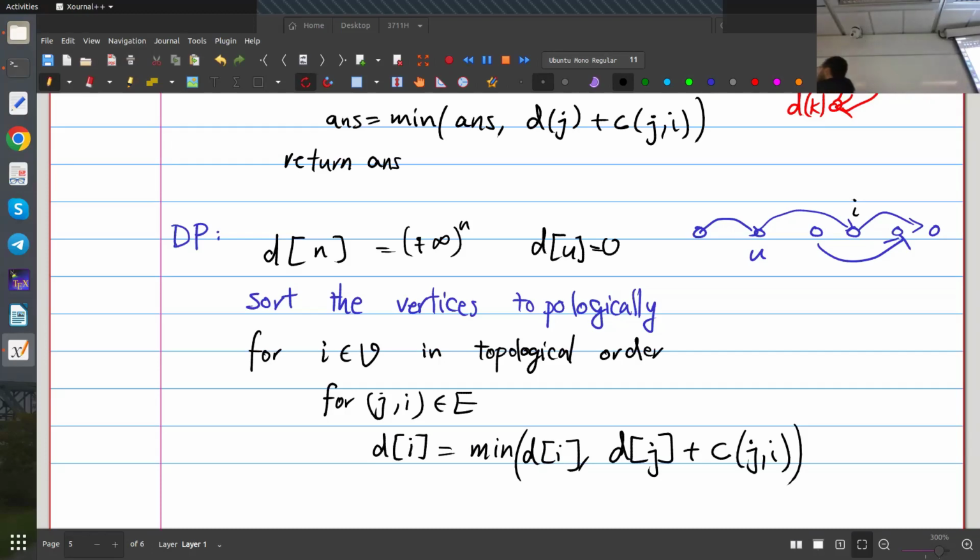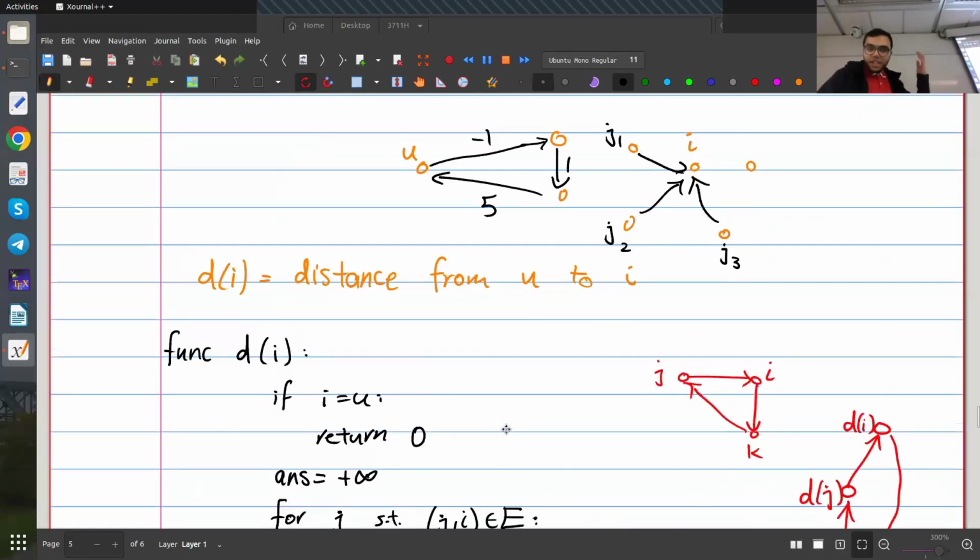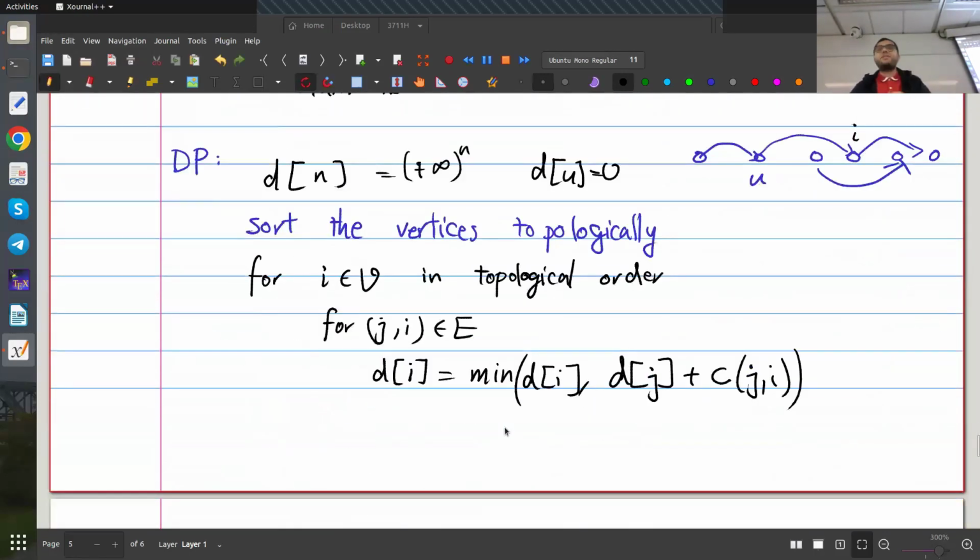Now, this dynamic programming is doing exactly the same calculation that the recursive algorithm was doing. So since my recursive algorithm was correct, I hope that you believe that, then this one is also correct. The only difference is in the runtime, because this dynamic programming is not going to recalculate things that it already knows.